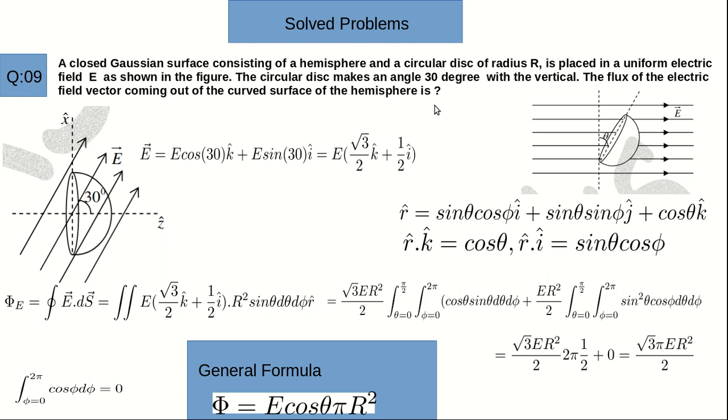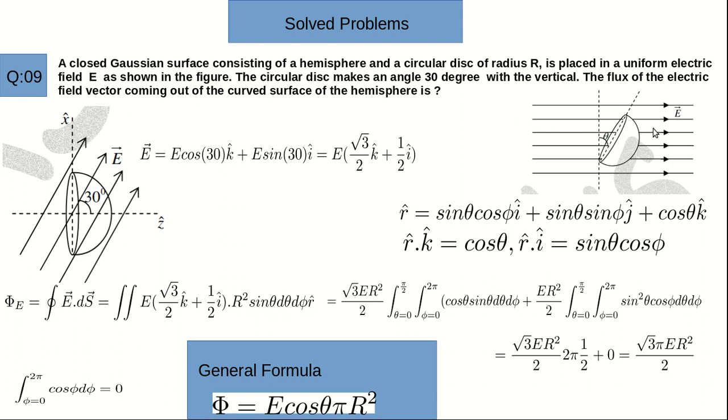Now, as you can see, the angle of the circular disc with the vertical is 30 degrees. So we can orient the surface like this, such that the electric field is parallel to the z axis in this picture, and the circular disc is making an angle theta with this.